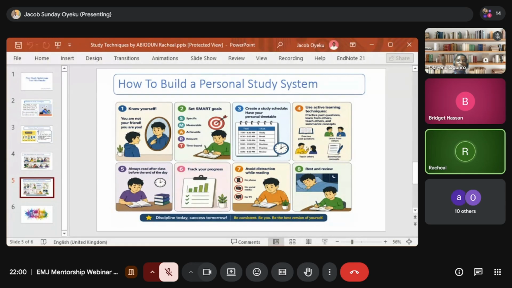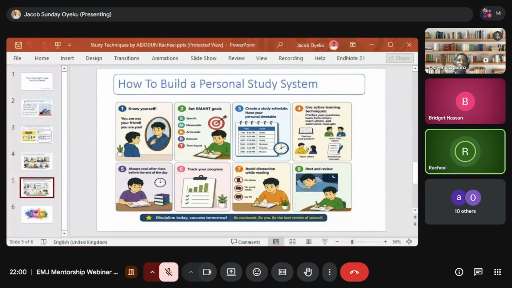Also, use active learning techniques. So practice past questions before exam. It's not like a week before exam you now start doing all of this. Most schools, they are after the past questions. The moment you just know everything in that past question, forget about clinical.